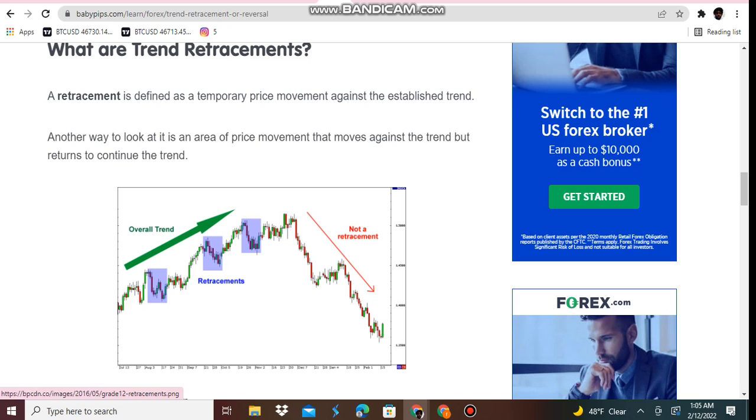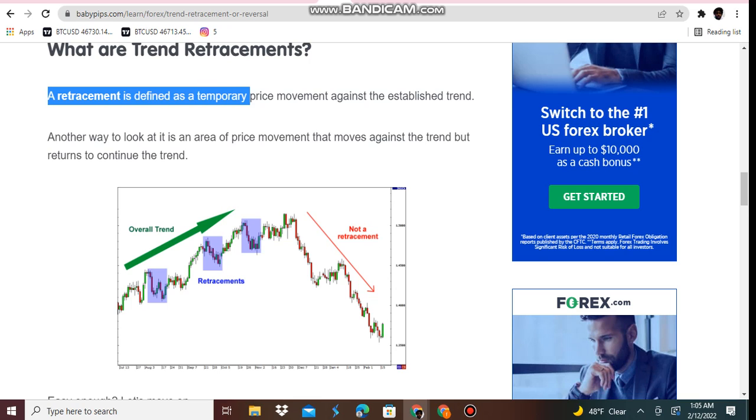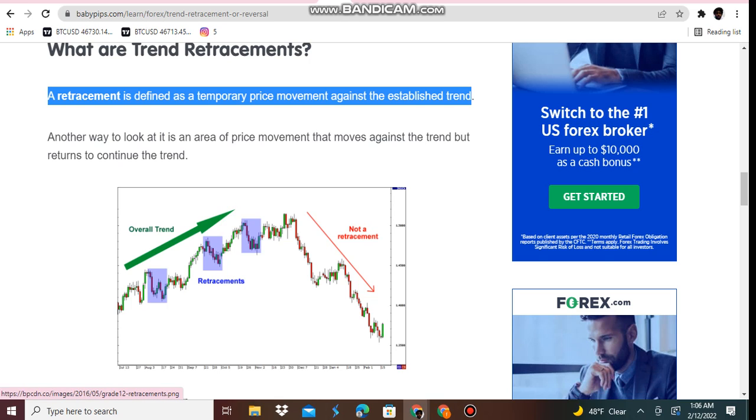A retracement is defined as a temporary price movement against the established trend. The established trend is an uptrend, making higher highs and higher lows. Mind you, it's temporary, meaning it's just retracing, making a higher low before going back and making a higher high.